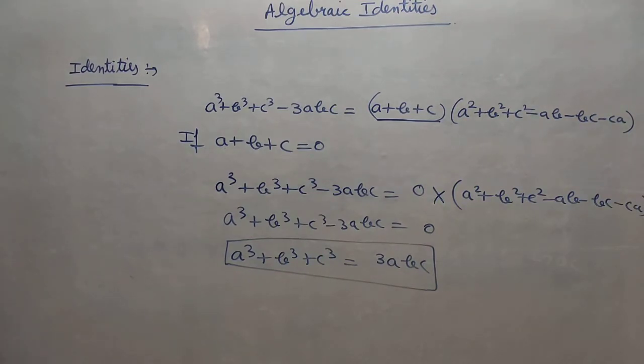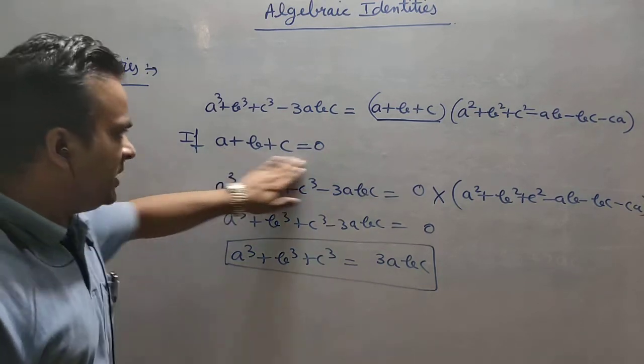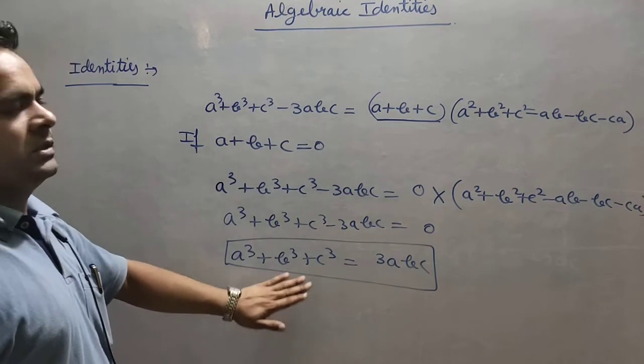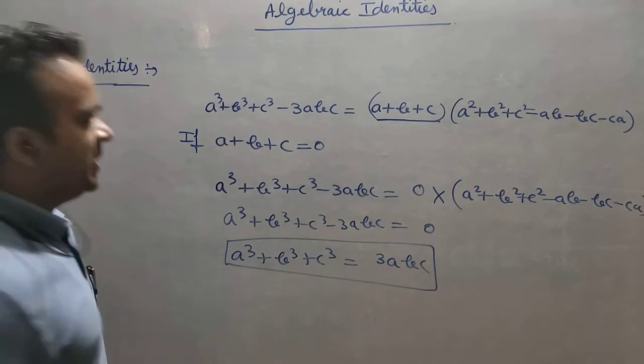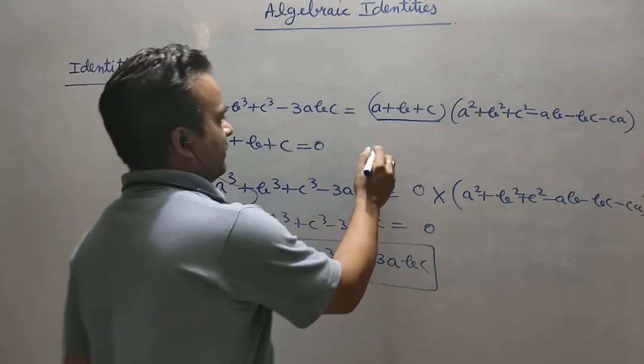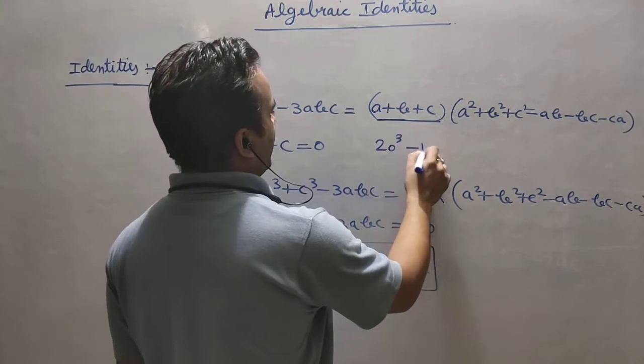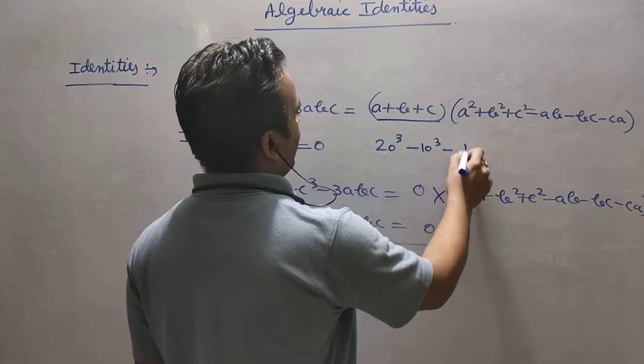Right? We use this result in this case. If it is possible, then we can use this result. For example, suppose you have 20 cube and minus 10 cube minus 10 cube.